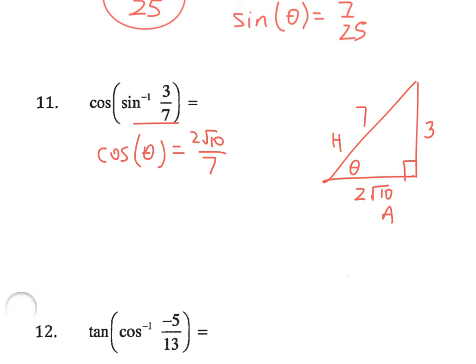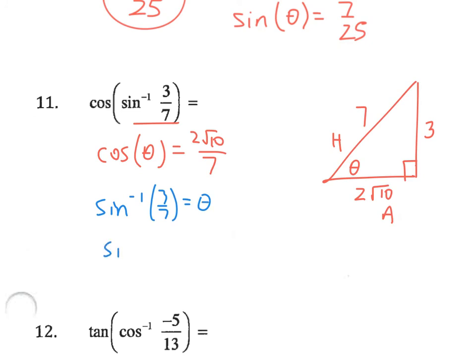So I'm just trying to understand this. The 3/7 is the same, so it's sine inverse, but it's the same thing as if it was just sine, right? Like where you put it on the triangle. Okay, so yes, basically sine inverse of 3/7 is equal to theta.